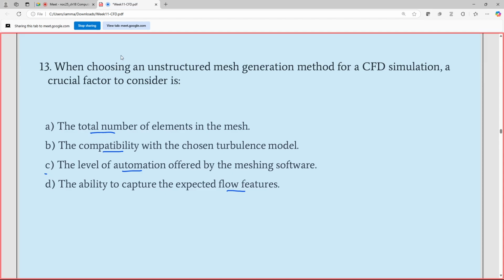So, while choosing an unstructured mesh for CFD over a structured mesh, which among the following is a crucial factor to consider? Option A, total number of elements in the mesh. Option B, compatibility with the chosen models. Option C, the level of automation offered. Option D, the ability to capture the expected flow features.